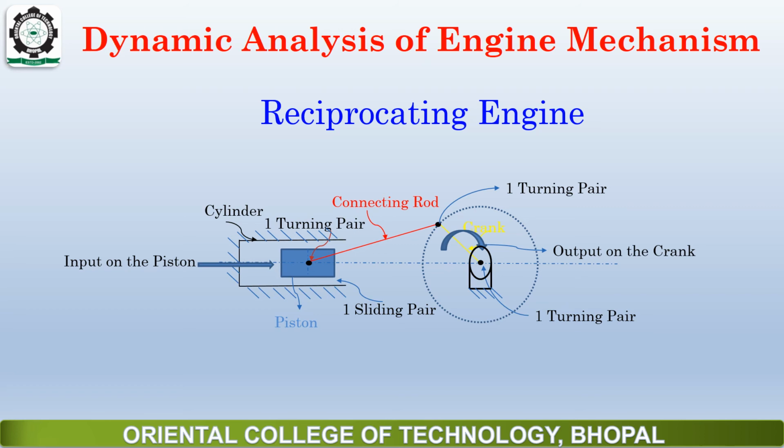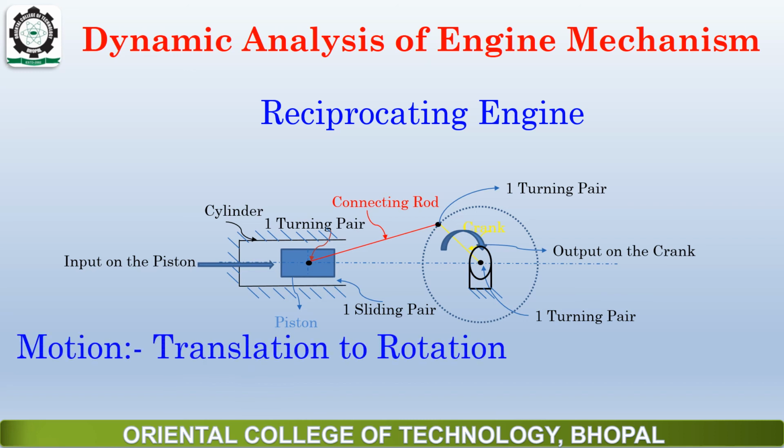It means our input is on the piston and the input motion is reciprocation. So the type of motion is translation to rotation. This mechanism is known as engine mechanism. Now you have the idea about what engine mechanisms are.